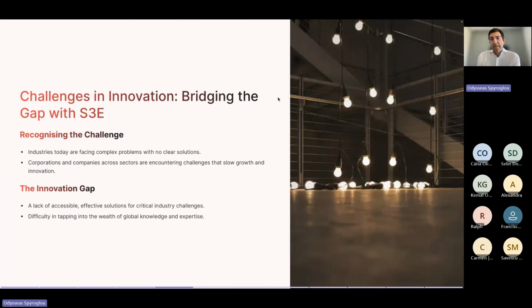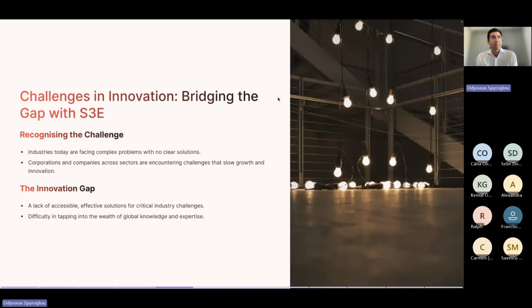With reverse, which is slightly different than the normal acceleration programs that you may have heard of, we try to go from the problem to the solution. So we asked the corporates, institutions, organizations, public organizations, for their challenges, for the problems that industries may face, and they couldn't find any clear solutions for them.